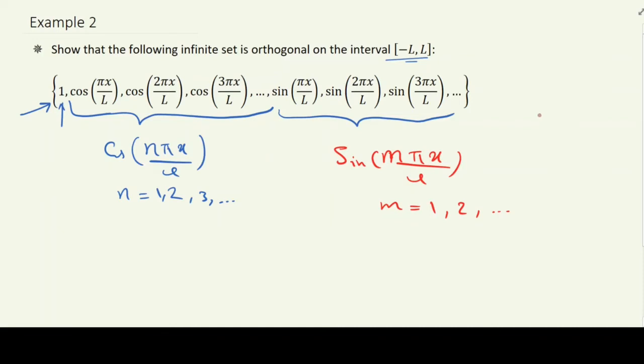Now it's much easier to find all the scenarios that you could imagine for two distinct functions to be picked from this infinite set, and then calculate the corresponding inner product of those two functions.